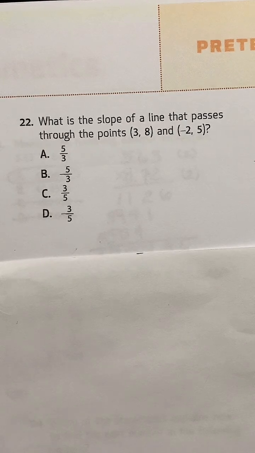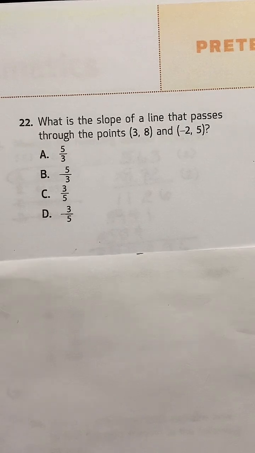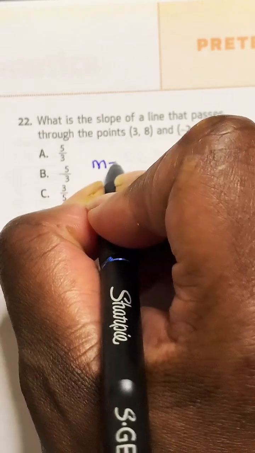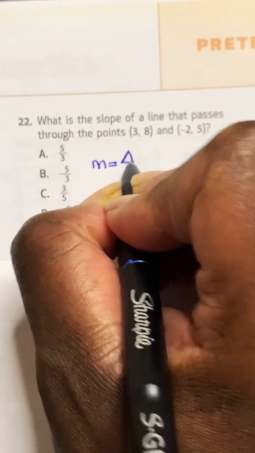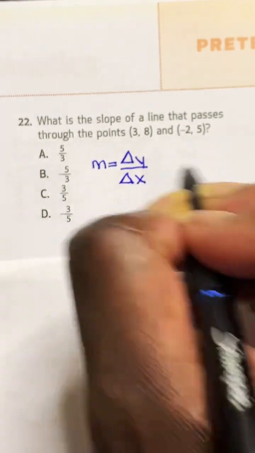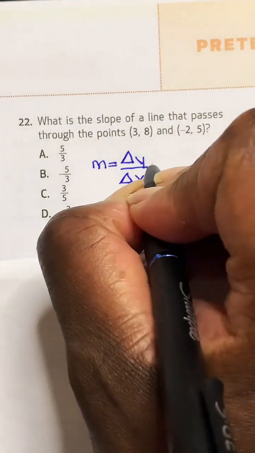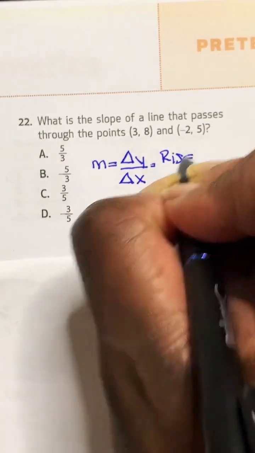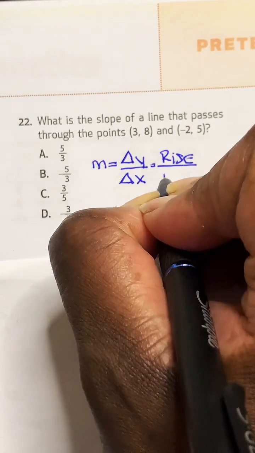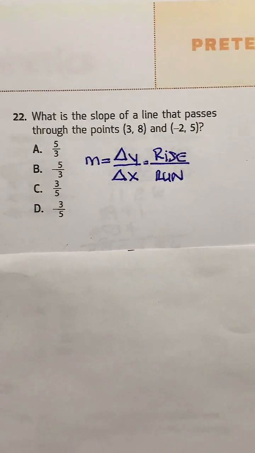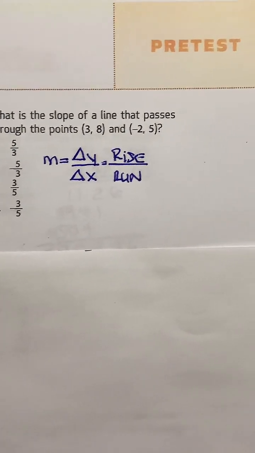All right, so let me work it out. When you're trying to find slope, slope is basically the change of your y's over the change of your x's. A lot of us also know it as rise over run. You got to rise out of bed to run to the bathroom. Yeah, this is what's going to happen when you get older. Watch. Okay.